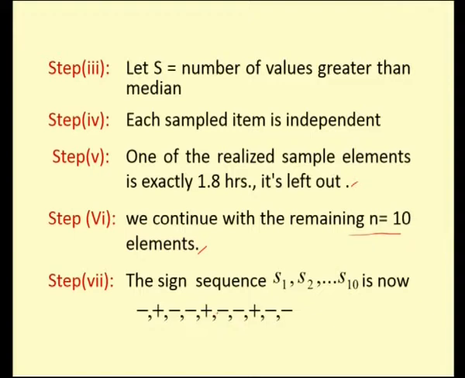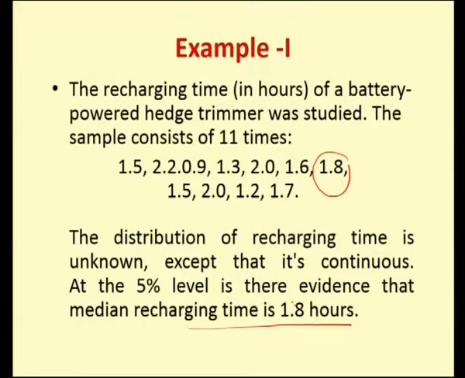Now you have to find the sign sequence S1, S2, etc. up to S10. The median value is 1.8. When you take the first observation 1.5, it is lesser than 1.8, so it becomes negative. Then 2.2 is greater.